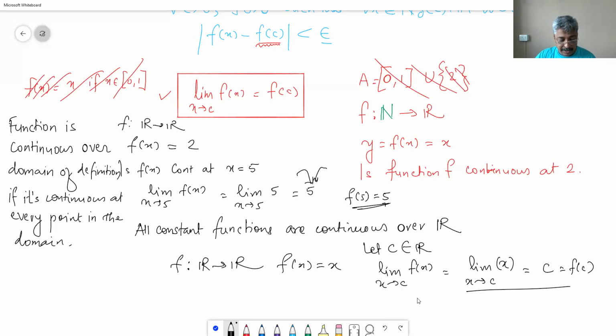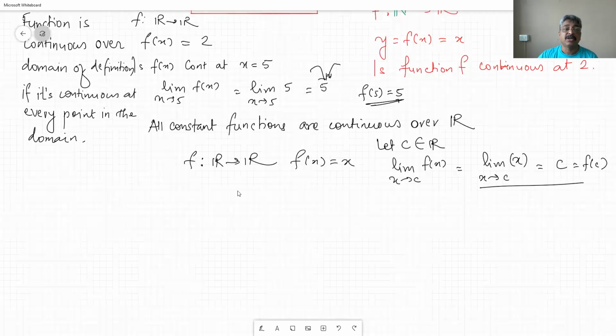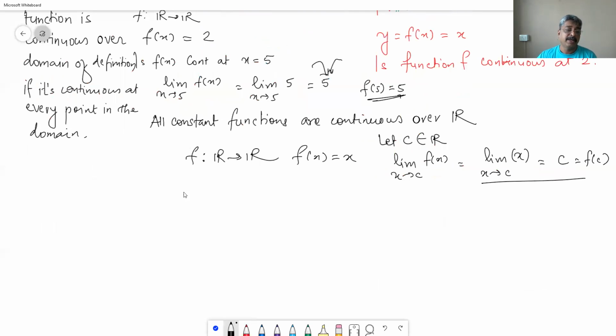over R. Okay, so now polynomial functions are very good functions, very friendly functions, because normally f is supposed to be p of x, a polynomial over real numbers. Then what is a polynomial?